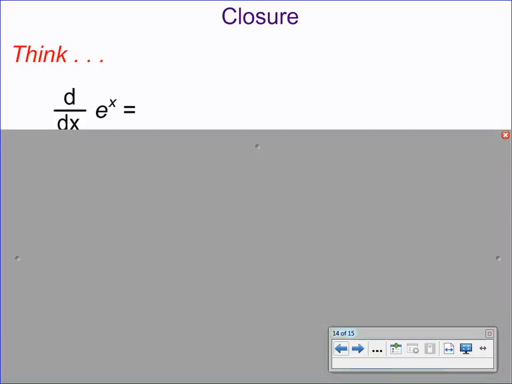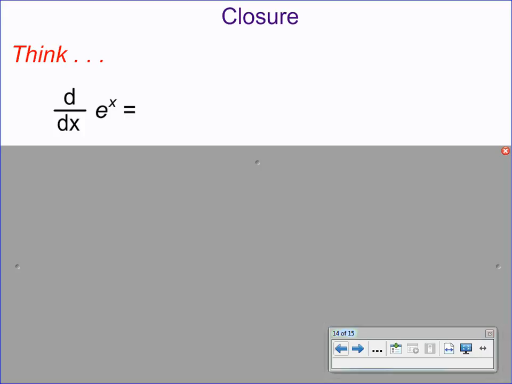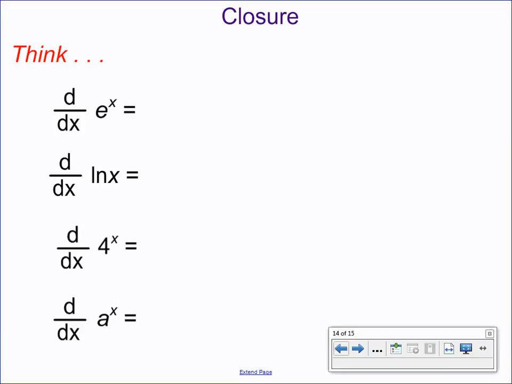So for our closure, we develop our last 3 shortcut rules for the unit. So the derivative with respect to x of e to the x is, don't say it out loud, write it down. The derivative with respect to x of ln x, be ready to share it, so I'm going to call on you. The derivative with respect to x of 4 to the x, and a general constant a for exponential base a.